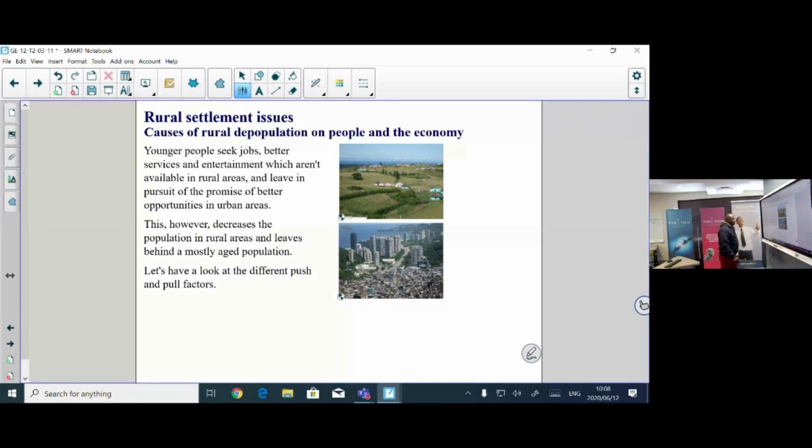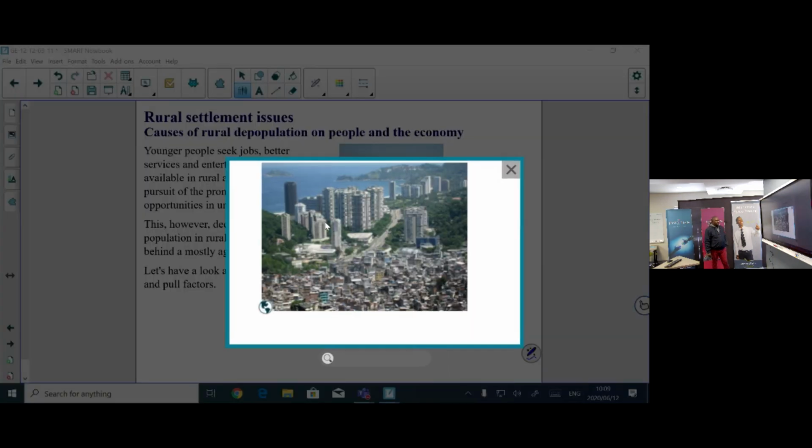And then we have the urban settlement shown there, in contrast to the rural settlement. Let's have the zoom there, right? When you look closely at this picture, you can see that there are nice and attractive high-rise buildings.